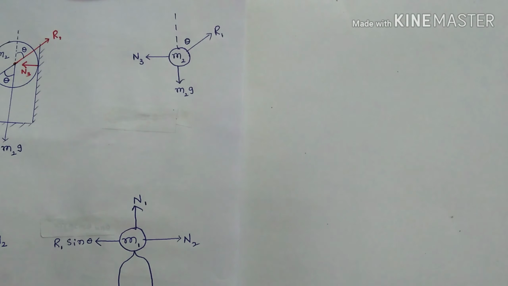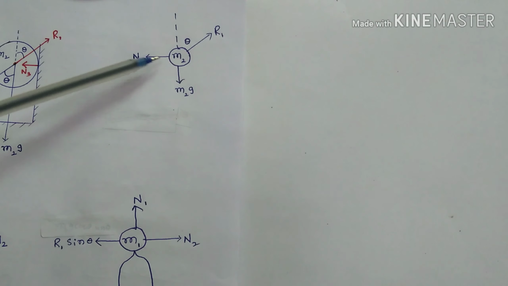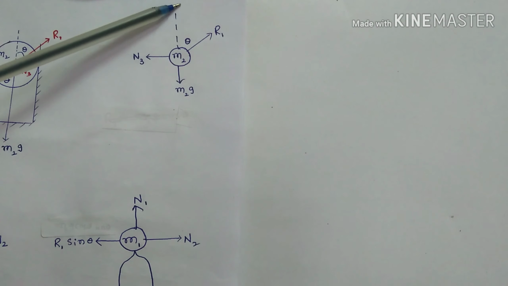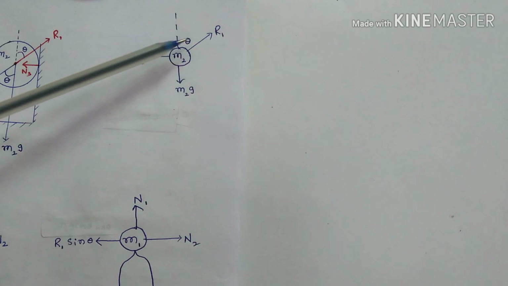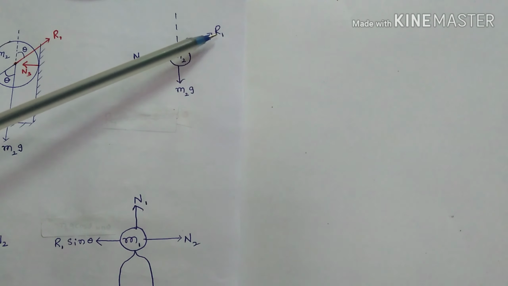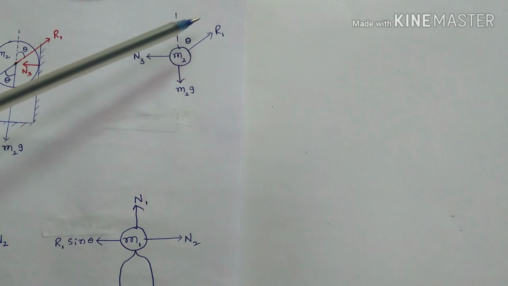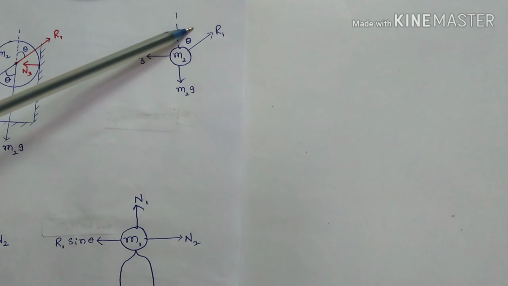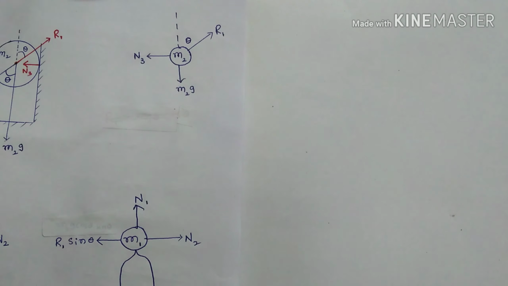Okay? So this makes angle theta with this direction. So it has two components. This is a right angle triangle. This is the hypotenuse. So R1 has two components. Along this direction R1 cos theta. Along this direction R1 sin theta.